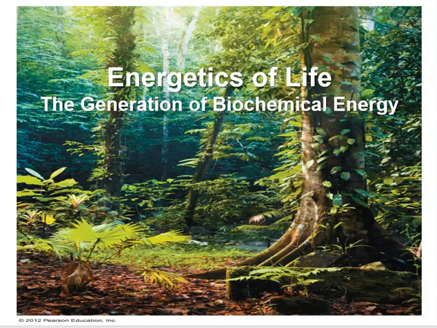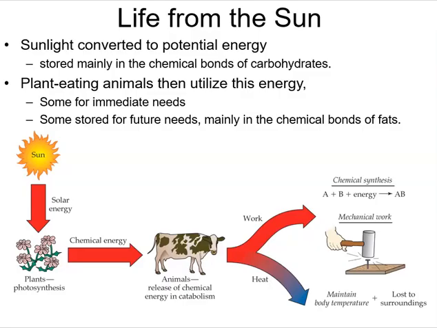In this section, we're going to focus on examining energetics of life and how we get energy out of our environment. Really, all of the energy in our bodies ultimately comes from energy that was stored in the sun. The sun is burning different gases and it releases electromagnetic radiation that is then taken up by plants to undergo photosynthesis.